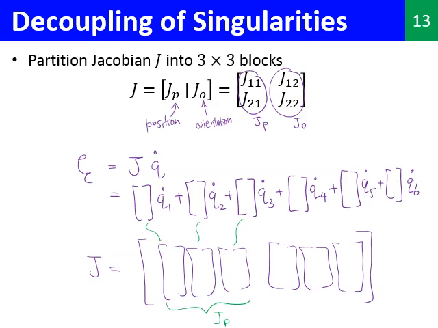Therefore we have these 3 columns denoted by J orientation, and this is a 6 by 6 matrix.